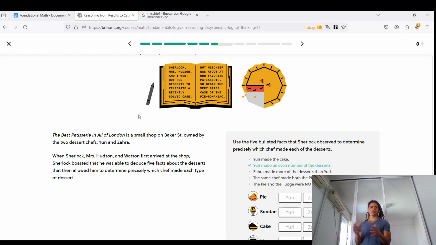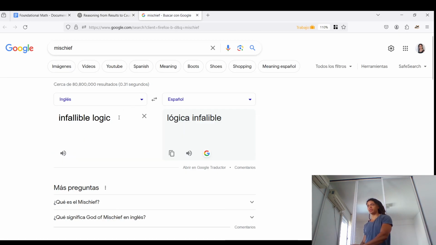So assumption one here is that Sherlock has infallible observational skills. So when Sherlock, Mr. Hudson, and Watson first arrived at the shop, Sherlock boasted. What is boasted?